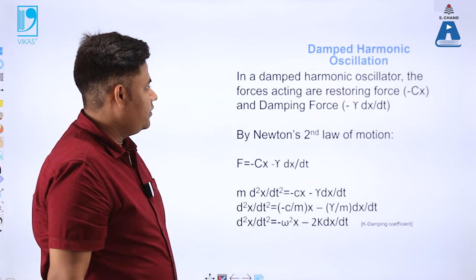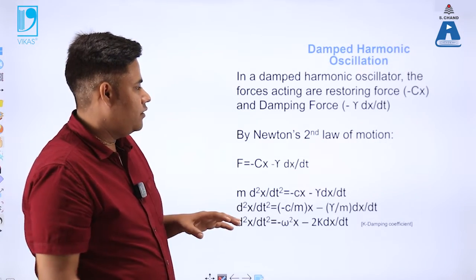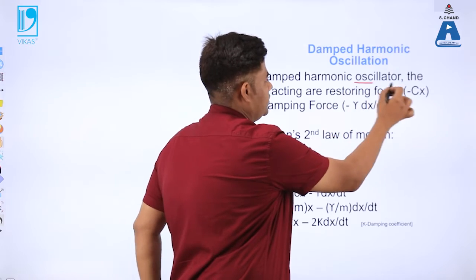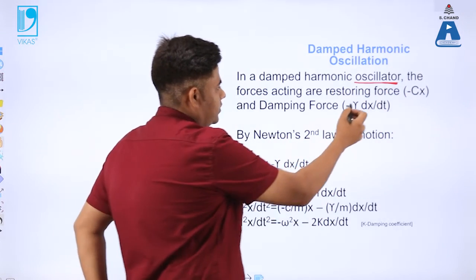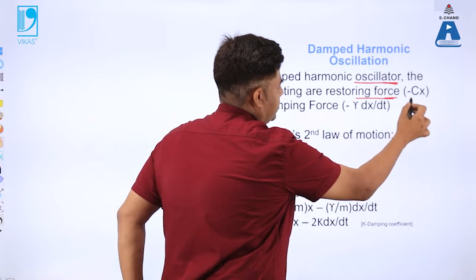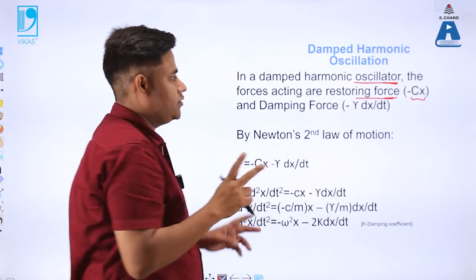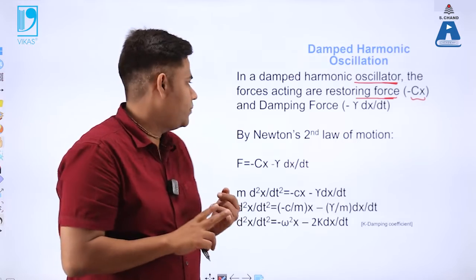Whenever this harmonic oscillator produces oscillations, there is a restoring force as well. So there are two forces in the picture.